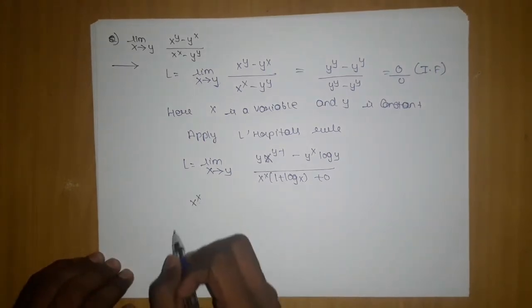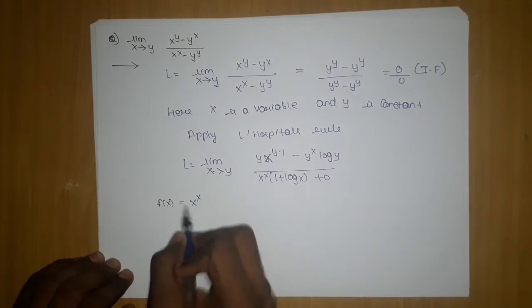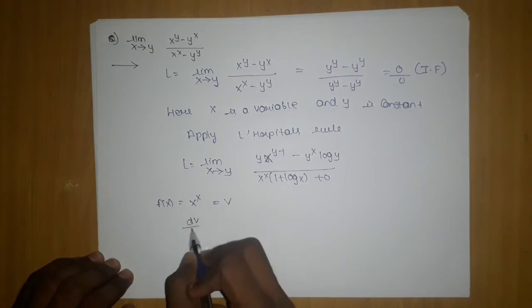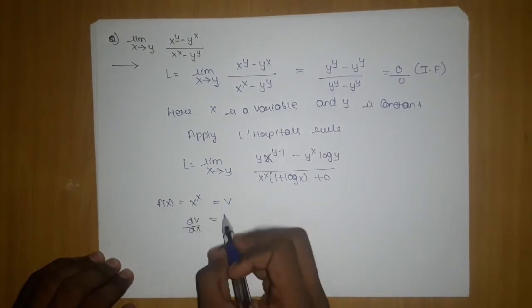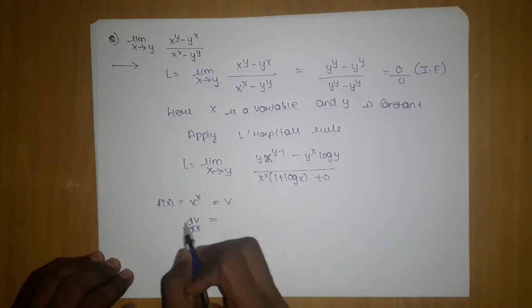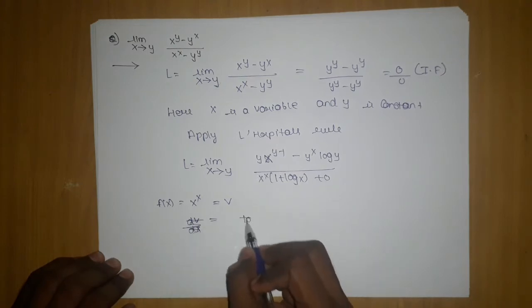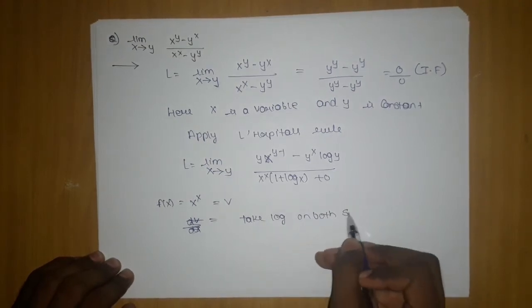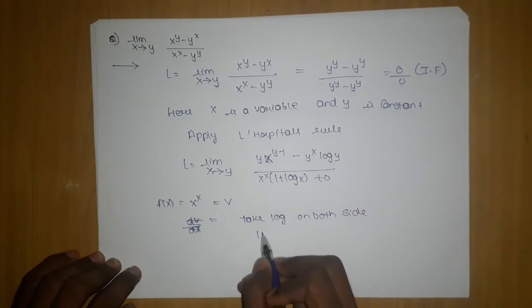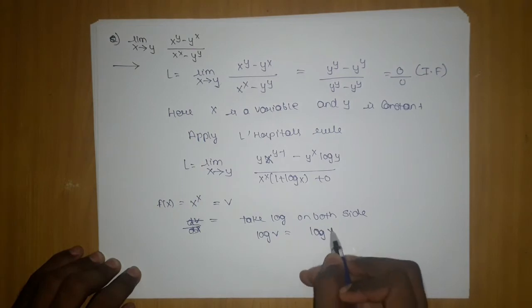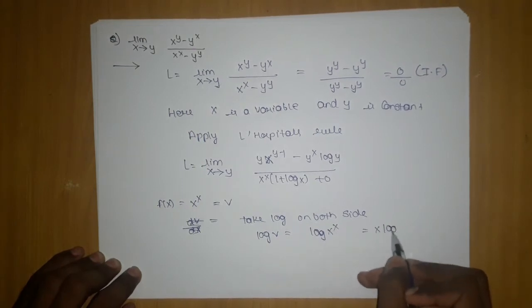If x power x is a function f of x and I want to find its differential, I will call it some v. I will differentiate with respect to x. First thing I will do is take log on both sides. I will be left with log v equals log x power x, which will be x log x.